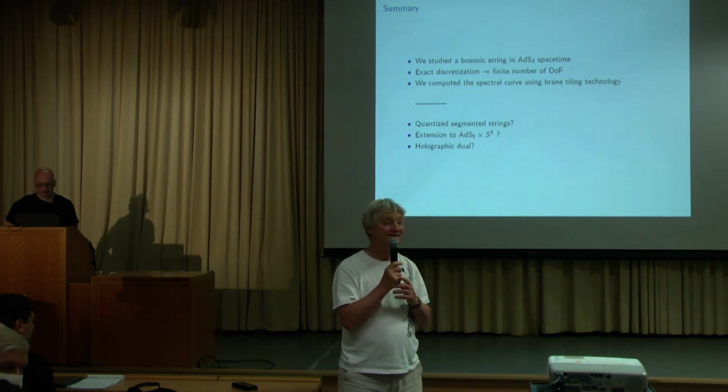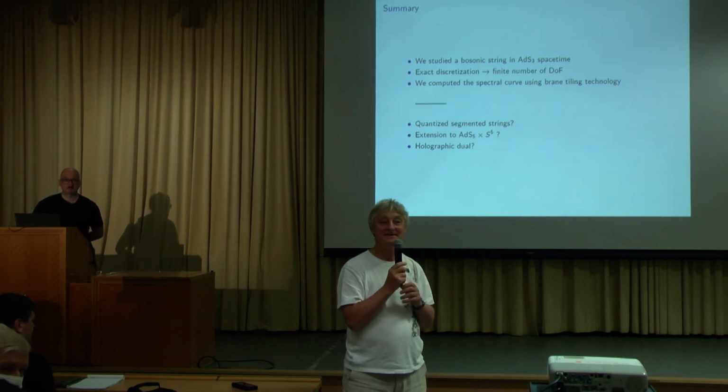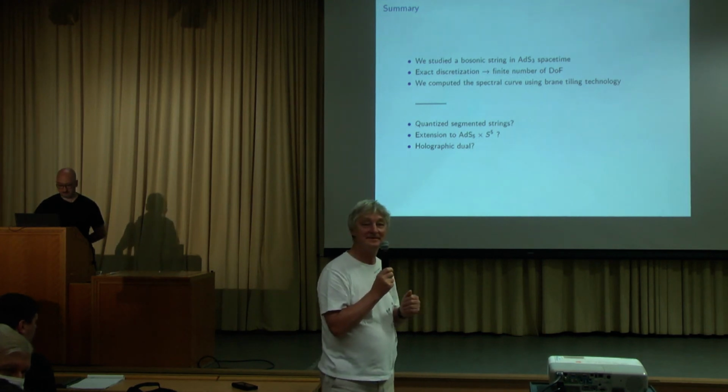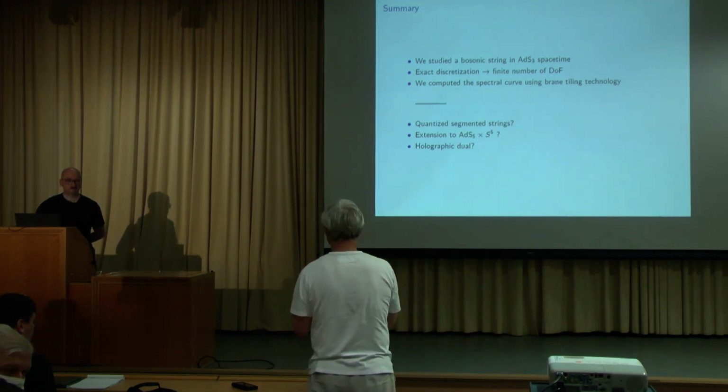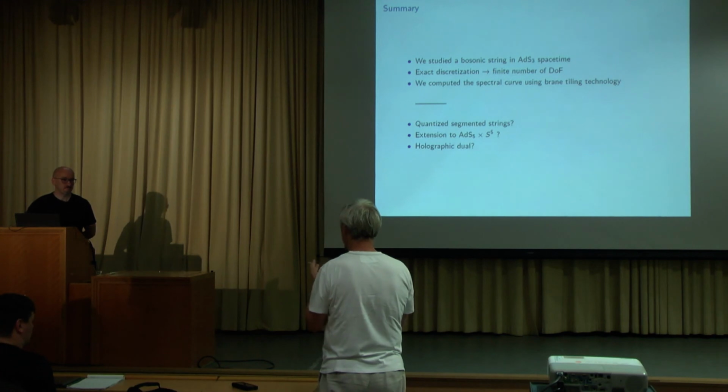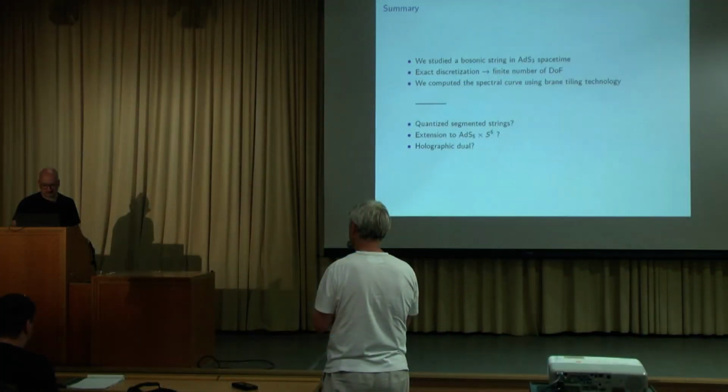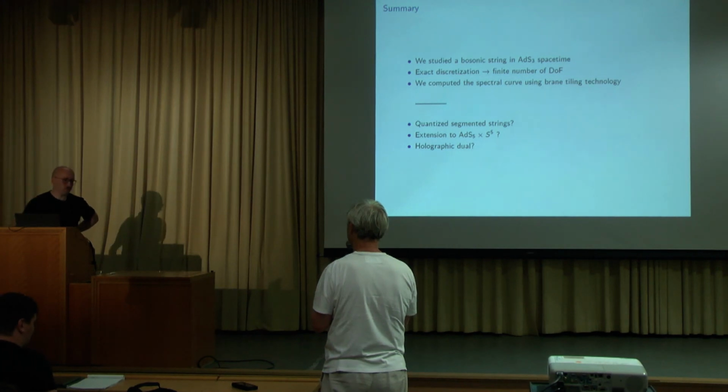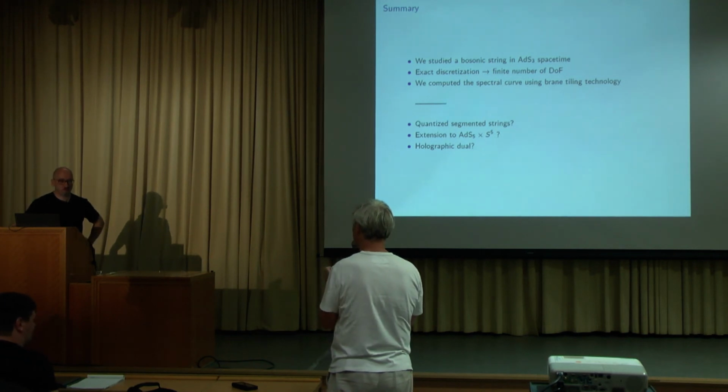More questions? I wanted to ask you something. So you get something like an R matrix here, yes? You told us about a system with a few degrees of freedom, like at the end. The R matrix, I don't know. I have not looked at it yet. I don't know if it's a quantum integrable model or not.